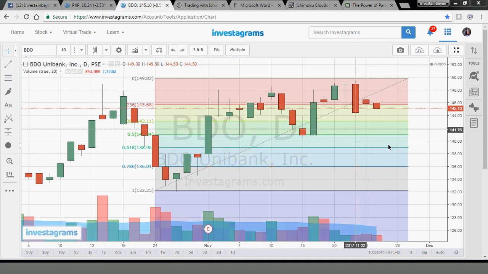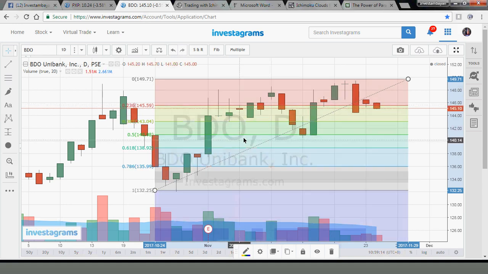Mag-down siya, babagsak siya dito, tapos magbabounce siya. Kasi PRZ ito, reversal zone ng particular stock. So, pag-bounce siya, pwede mo siya sasaluin dito. So, 0.618, for you to be able to know strong support of that particular stock. Hanggang dito, 618, keep mo pa din yung stock. Could go up. So that's the beauty of Fibonacci.